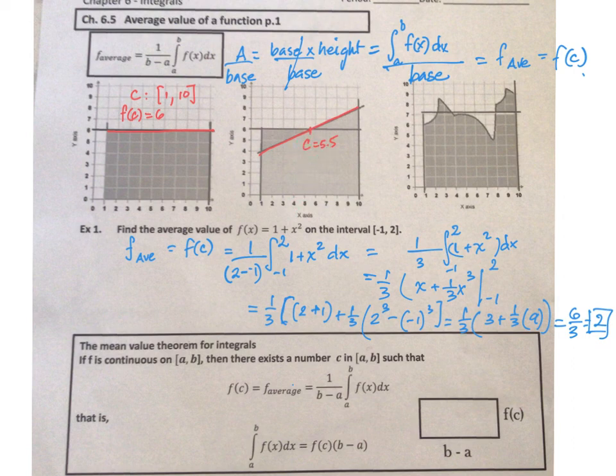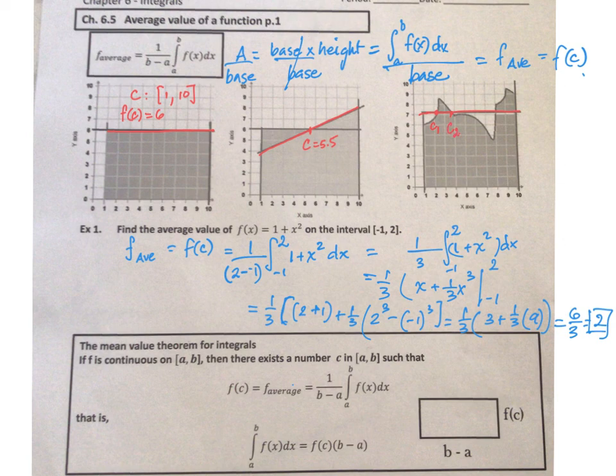In the third picture, there are 3 places where we can find the average of the function. In this case, the average of the function is 7. So there are 3 values for c. C1 is a little bit after 2, and C2 is where the function is 7, which is about between 3 and 4.